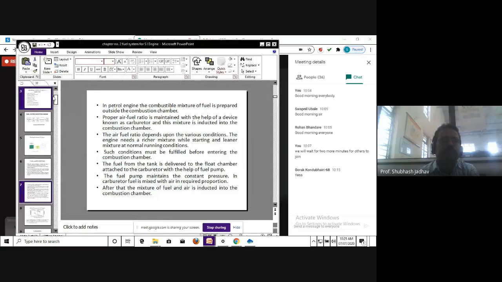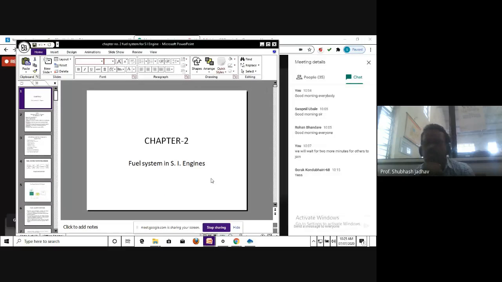Chapter number 2 is fuel systems in SI engines. Basically we are going to discuss the fuel system in spark ignition engines, so we should first understand what the fuel system is.